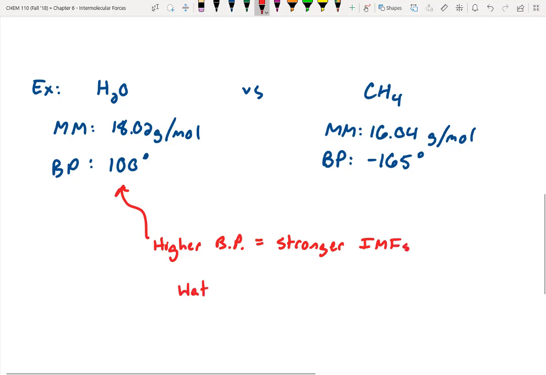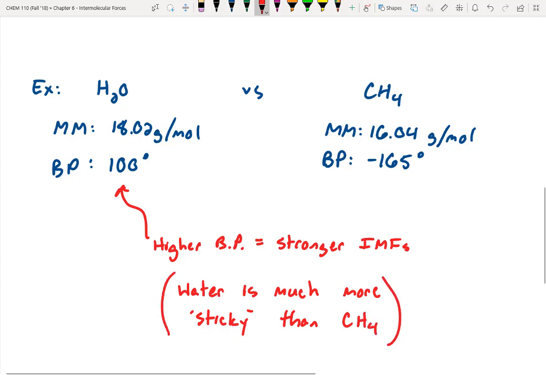Water is much more sticky than methane. Does that make sense?